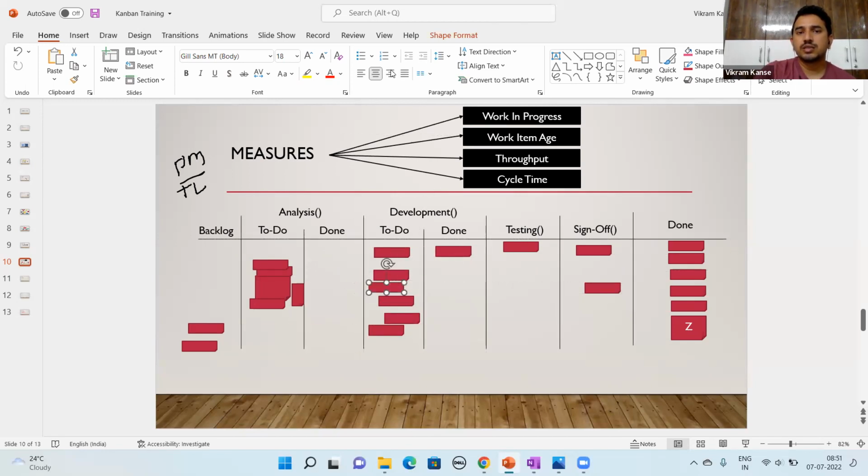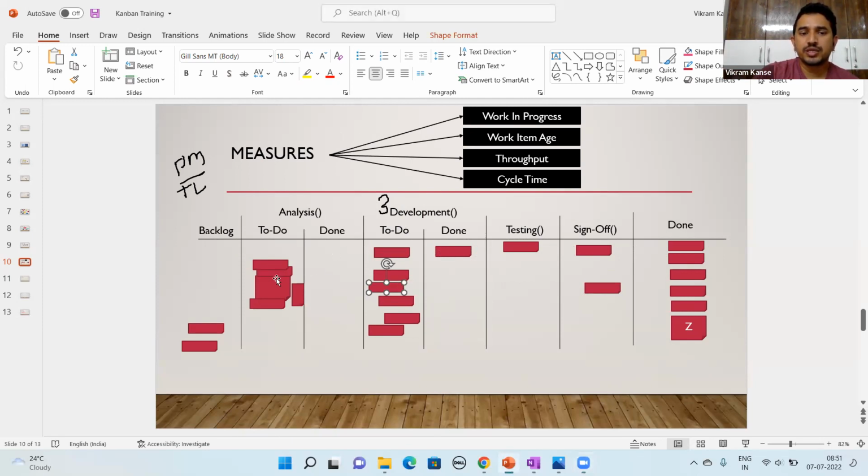Do you think these three people over here are able to work on this? So what I'm saying is a push system develops this oversaturation. And this is what will happen in push.